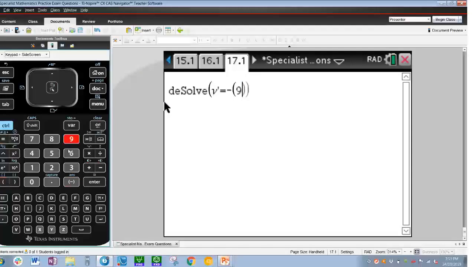I'll use g, which is 9.8, given in the instructions of the exam, plus 0.3v². So that is the differential equation.